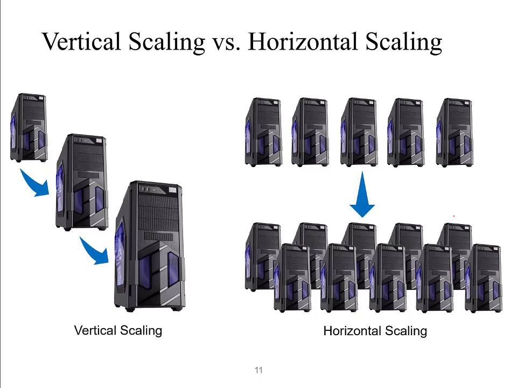In vertical scaling, you increase the hardware capacity of your system. For example, you buy new RAM or CPU or a hard drive and add it to your existing system, or you update your existing computer with them, and make it more robust and powerful, with more capacity.